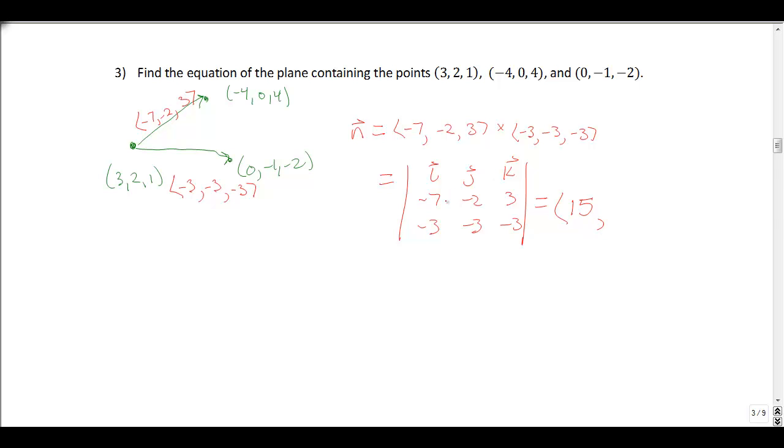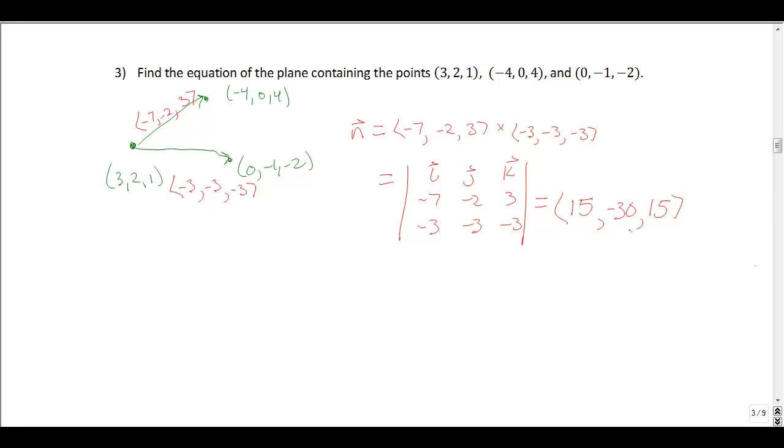For the J component, -7 times -3 is positive 21. 3 times -3 is -9, so we're going to add 9. That's 30, but because it's the J, it's a -30. And then the K would be -7 times -3 is positive 21, minus -2 times -3 is 6. 21 minus 6, that's a 15. So this is our normal vector, (15, -30, 15).